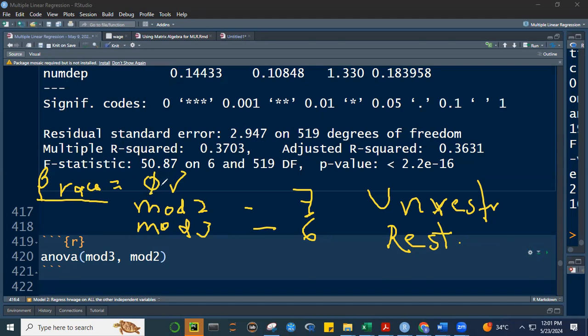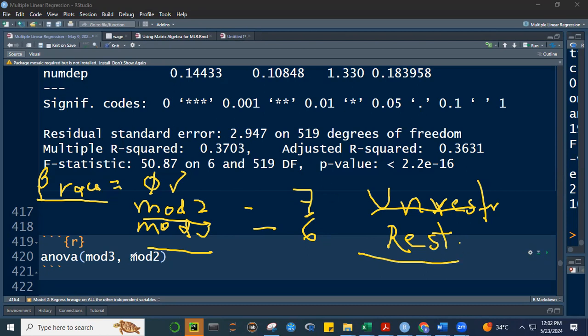Because if it's equal to 0 statistically, then we follow model 3, right? Because there's no need putting race if it's equal to 0. But if it's not statistically equal to 0, then model 2 will prevail. Yeah, thank you, Jenica, restricted. So model number 2 is your unrestricted, model number 3 is restricted.